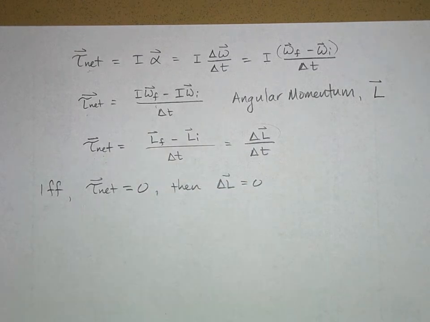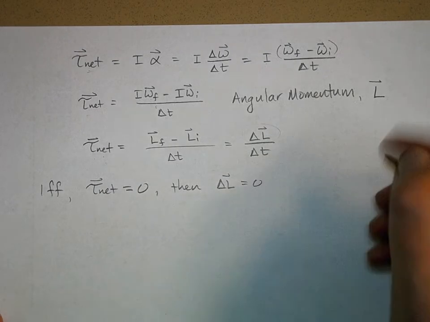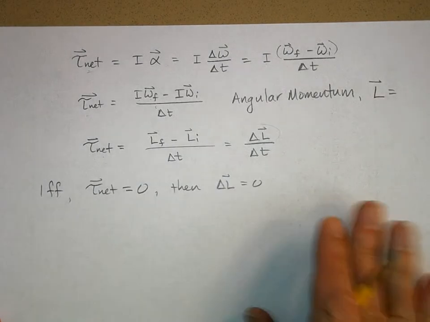In other words, if you are not applying a torque to a system, if there is no net torque on a system, then its angular momentum is not going to change over time. Torque is what changes angular momentum. This product of, oh, I didn't really finish this, did I?